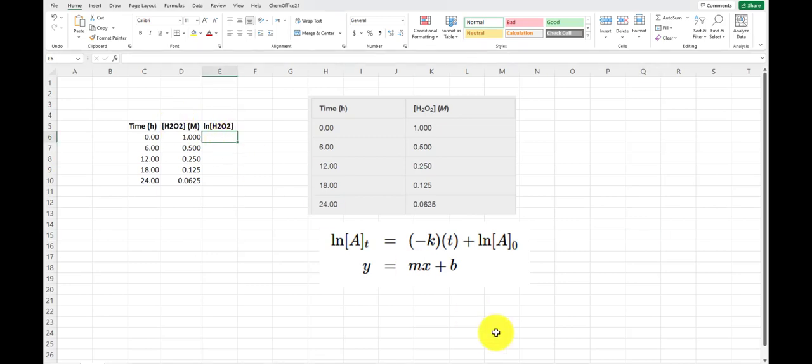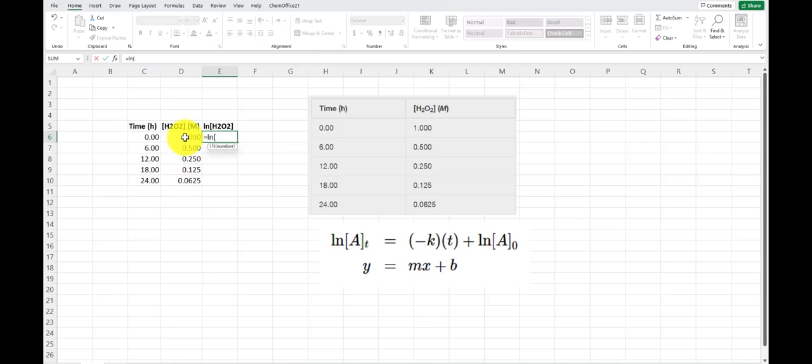That's really easy to do in Excel. So anytime I want to do a computation, I start with equals. And then I'm going to put the function that I want to do. So you can look this up online if you don't know. If you do it a lot, then you just know it. And that conveniently is just ln for natural log. It tells you that that function returns the natural logarithm of a number. And so we need to put a parenthesis for what we want to take the natural log of.